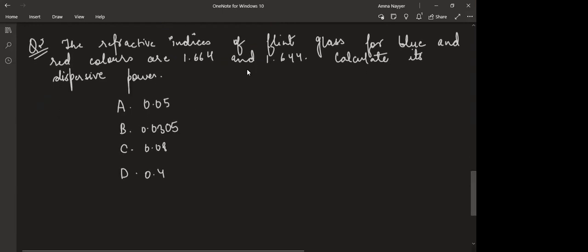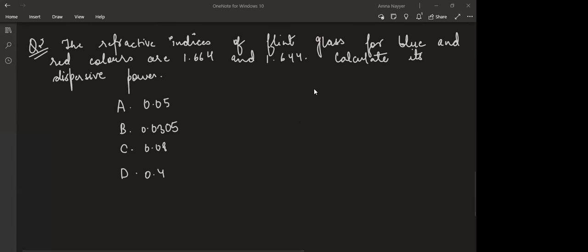Yes, class, last 1 minute for this question because the calculation part is very easy in this question. Yes, Fahad is right.